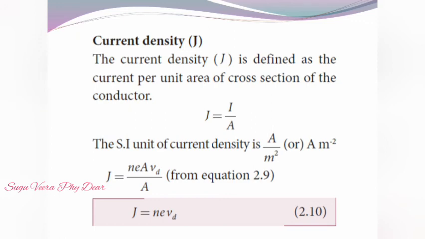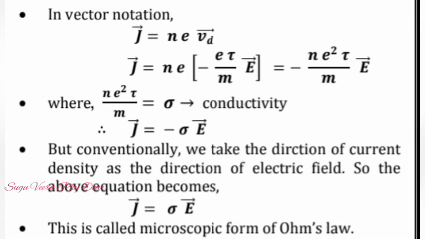In vector notation, J vector equals n e Vd vector. Substituting the known value, J vector equals n e into minus e tau divided by m into E. Rearranging, this equals minus n e square tau divided by m into E, where n e square tau divided by m is sigma.